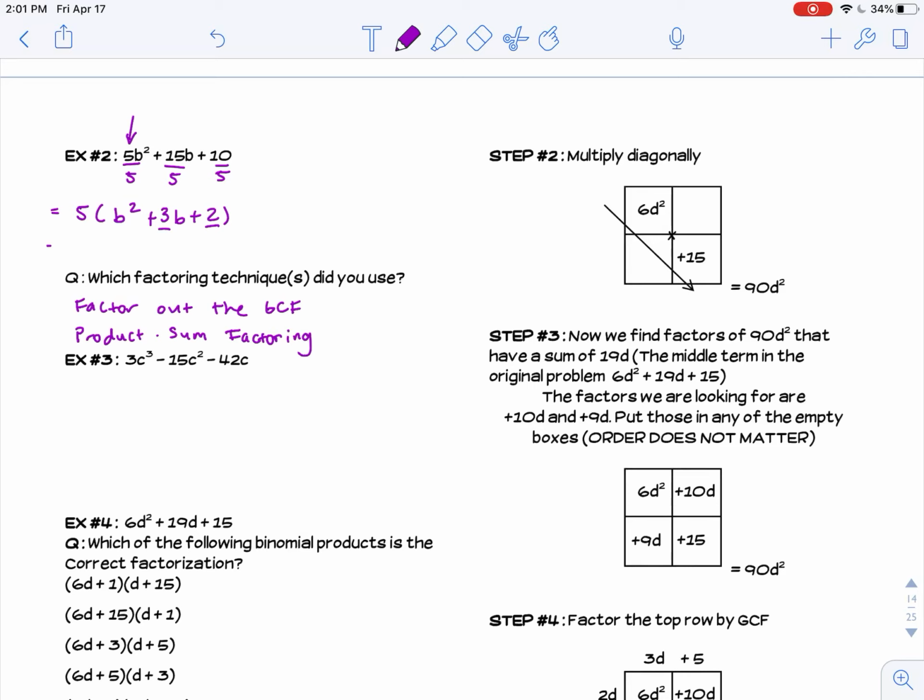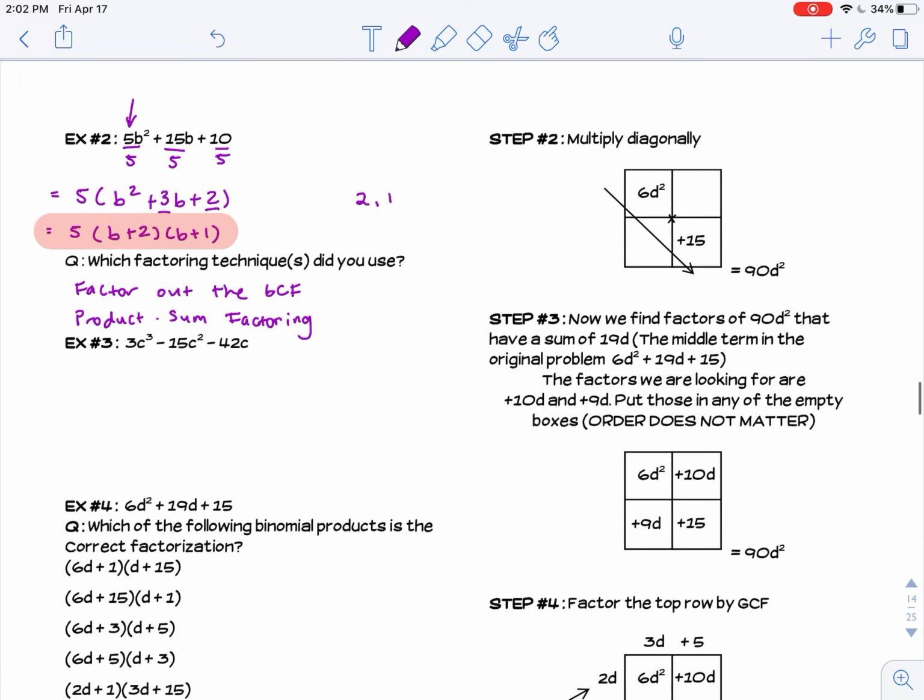Well, that would be 2 and 1. So our factors would be 2 and 1. So let's break up into 5, which we factored out initially, times b plus 2 times b plus 1. And we did this by factoring out the greatest common factor and then doing product sum factoring.